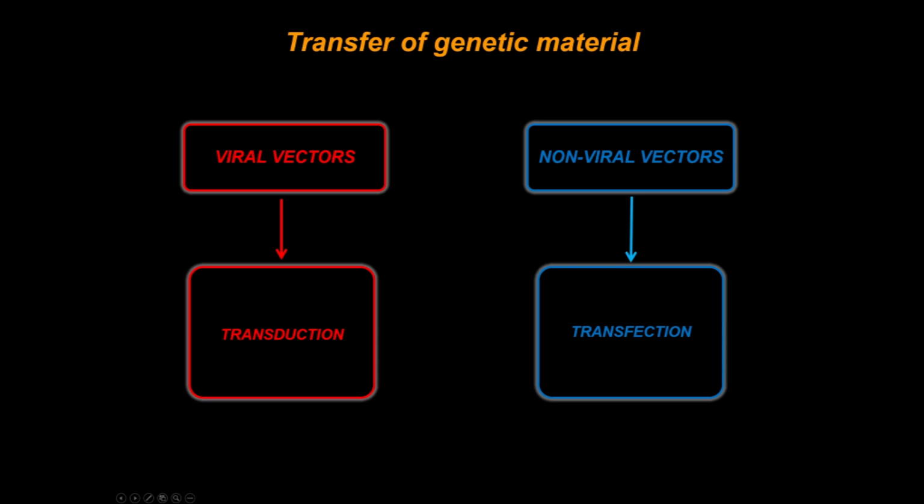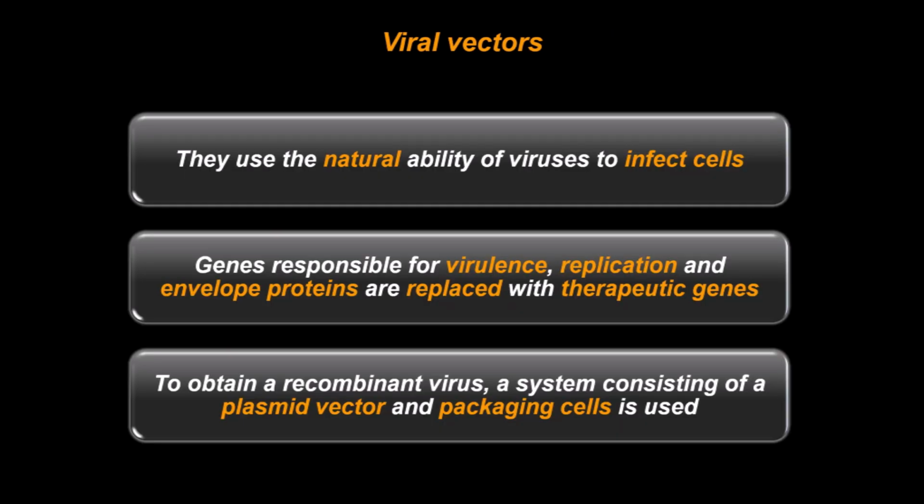Introducing genetic material by means of viral vectors is called transduction, while introducing genetic material by means of non-viral vectors is called transfection. Currently, the gene therapy transgene is delivered to cells most often by viral vectors due to their relatively high transfection efficiency. The word relatively should be emphasized here, because it is still about 20 to 30%.